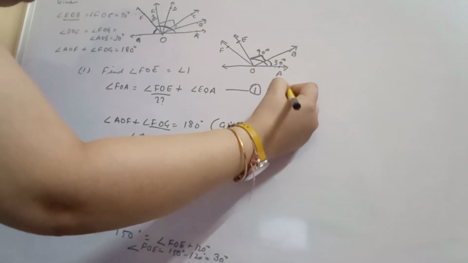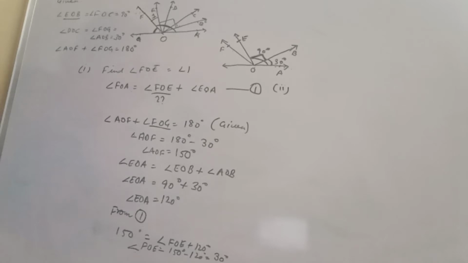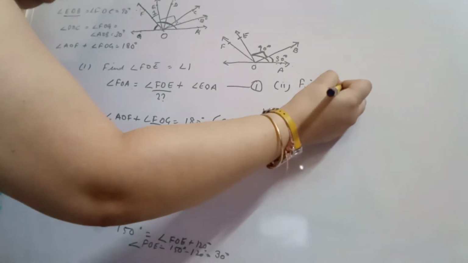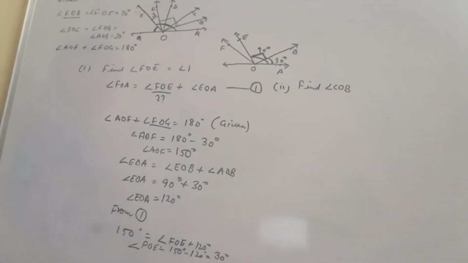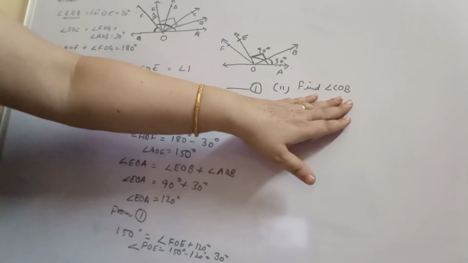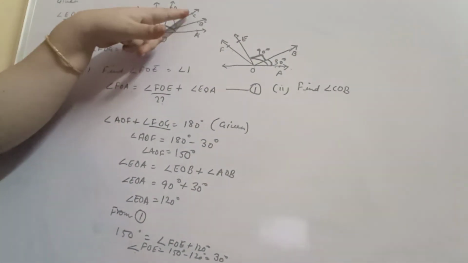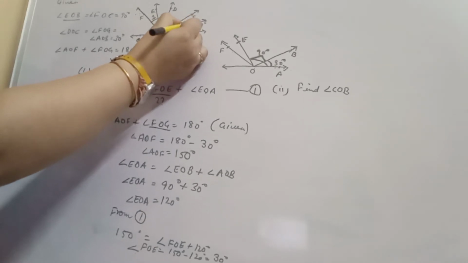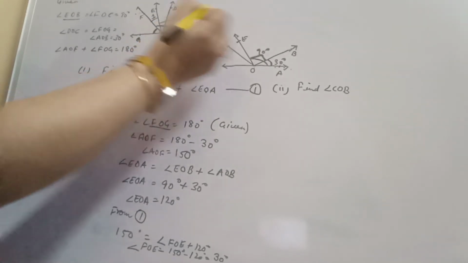Now the second question, find angle COB. Now look at what is asked in the question. You look at the figure, COB. So this is my angle now, COB. I name it angle 2.